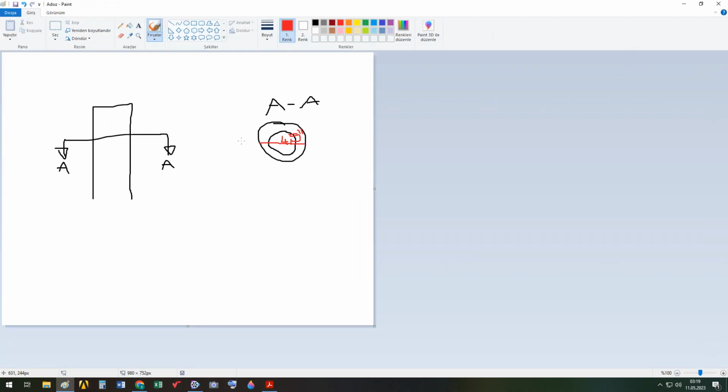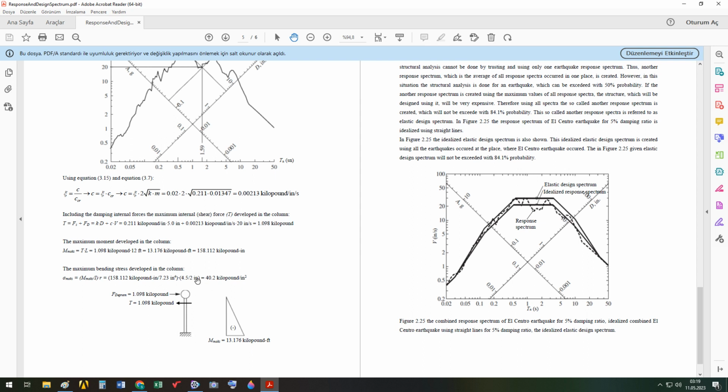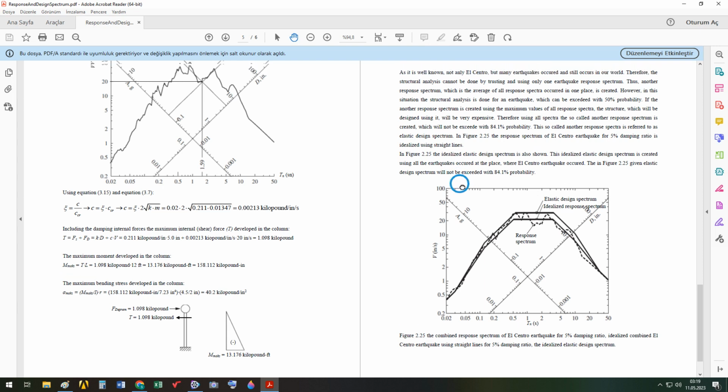So if this is the neutral axis, the distance from neutral axis to the outmost fiber is 4.5 inch divided by 2, which is the radius. So we replace this value also in the formula, and we obtain the maximum bending stress. Okay, this is the solution.